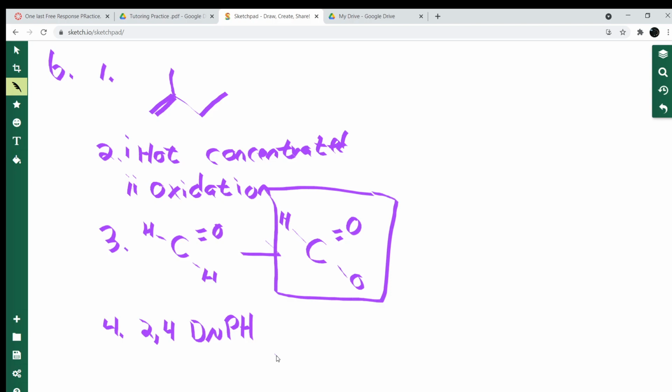That's going to end up giving us an orange precipitate. We watched the video. This one, specifically, is that orange solution. When it bonds with the carbonyl, it turns into a precipitate.